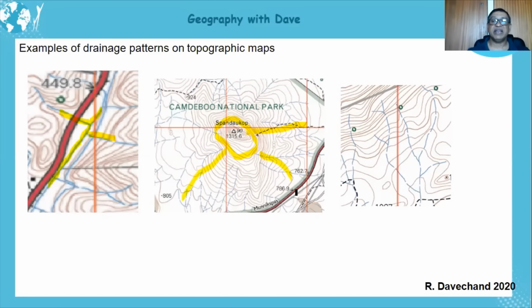Radial pattern. Can you see here the branches of a tree and the acute angles? Dendritic pattern. Remember, learners, you will have to identify patterns. It can come out in map work, or you can get a little map in the theory, but you must be able to identify them. It's not just learning stuff. It's the visual that you must see down here.